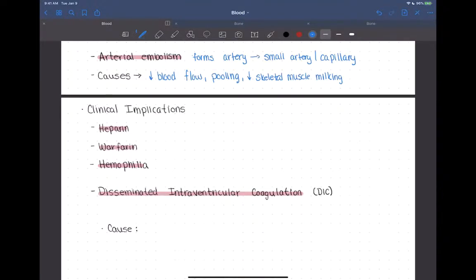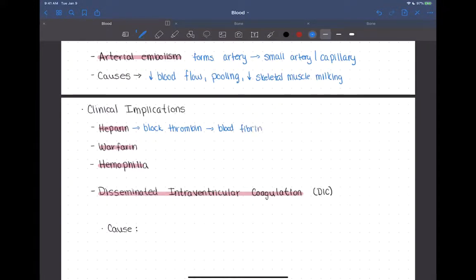Heparin specifically is going to block thrombin. These are blood thinners. If you remember, thrombin is what activates fibrinogen to fibrin, and so fibrin is never activated.